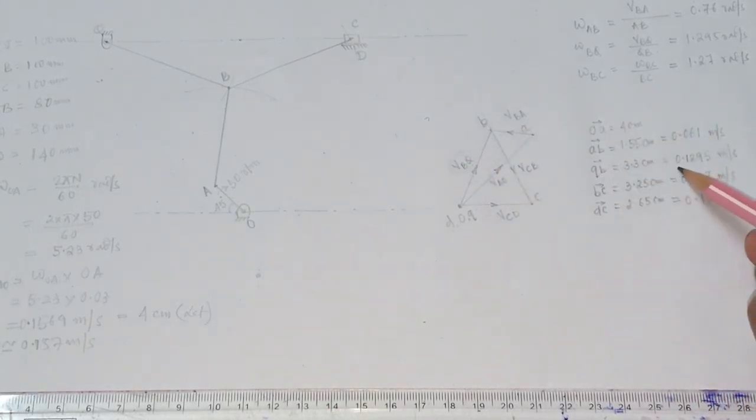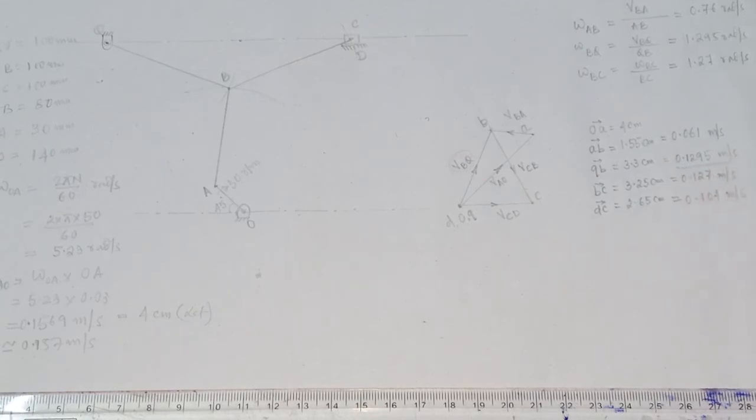So BQ comes to 0.1295. According to the solution, which you will find in the numerical we shared at the beginning, it is mentioned as 0.13 meter per second, so it is very much nearer.